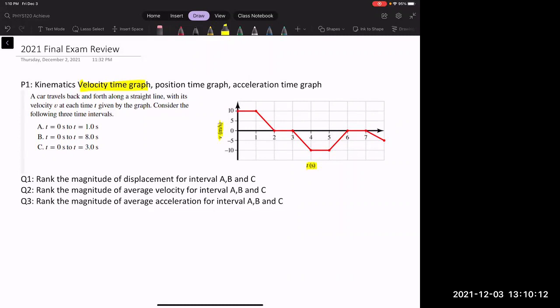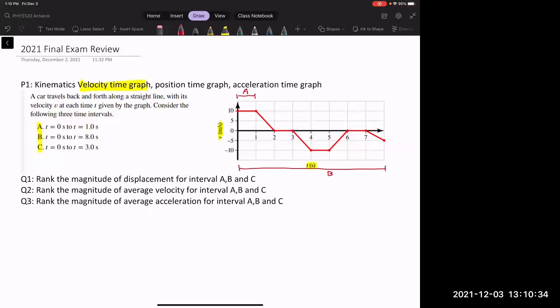Now this particular one is a velocity-time graph, and it tells you there are 3 different sections or intervals, A, B and C. A is from 0 to 1, which means from here to here. B is from 1 to the end, all the way down to here.